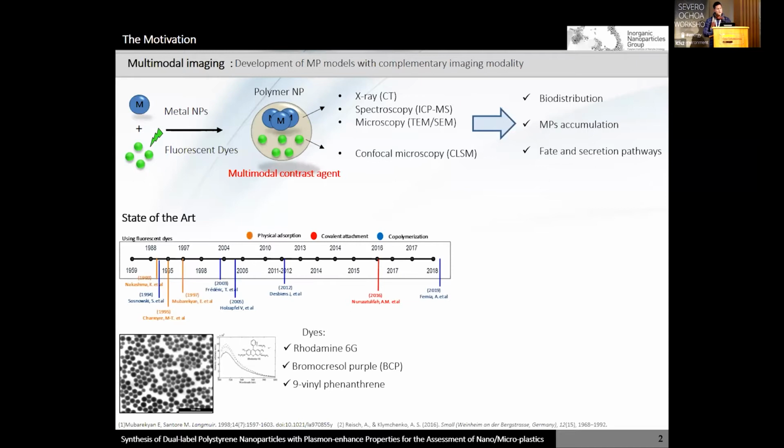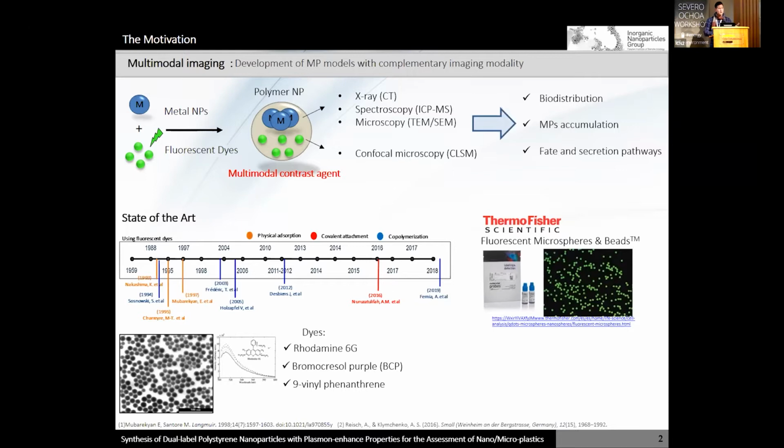In the state of the art, scientists are putting dyes into polymer particles, such as polystyrene, a lot. And additionally, on the market there are fluorescent microspheres and beads with dyes in different sizes of polystyrene. But these present limitations because they do not have multimodal labeling to correlate with different techniques.